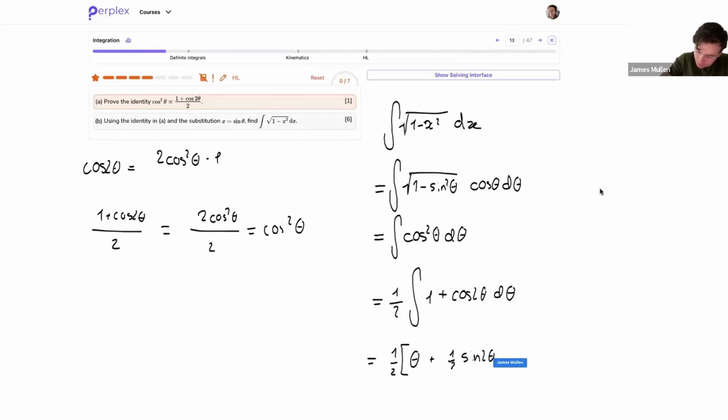All right. Now, the question was in terms of x, which means we want an answer that's in terms of x. Since x is equal to sine of theta, theta is going to be equal to arc sine of x.